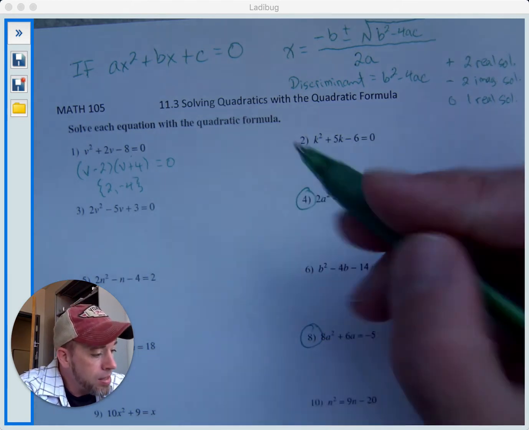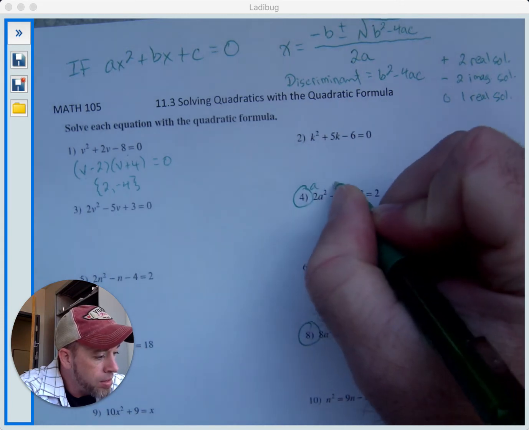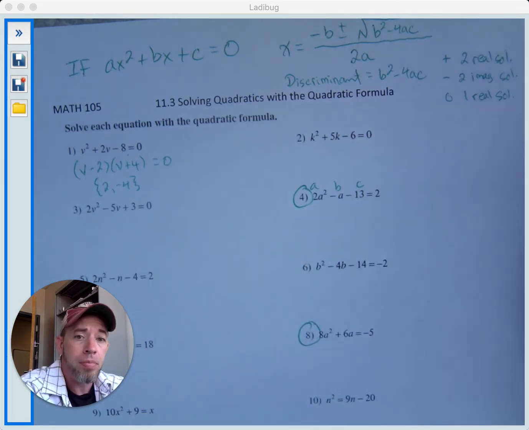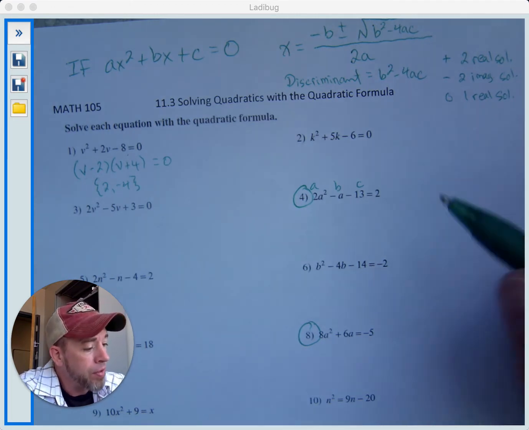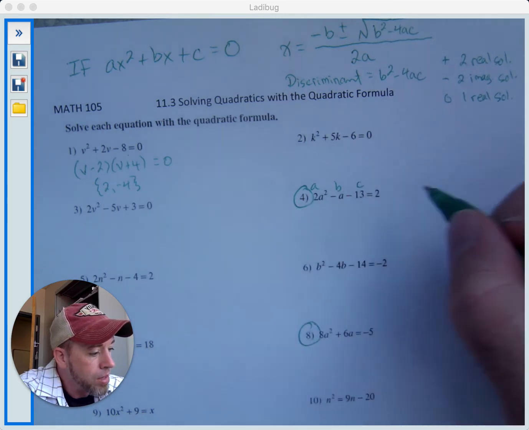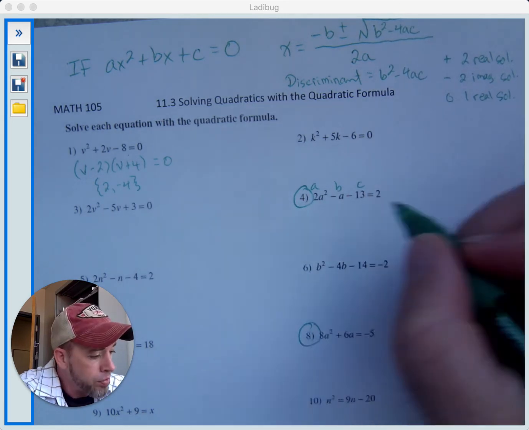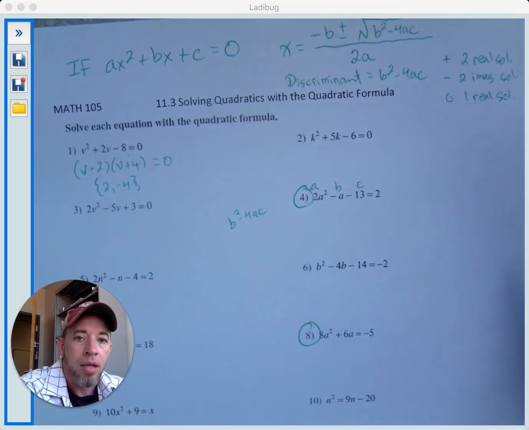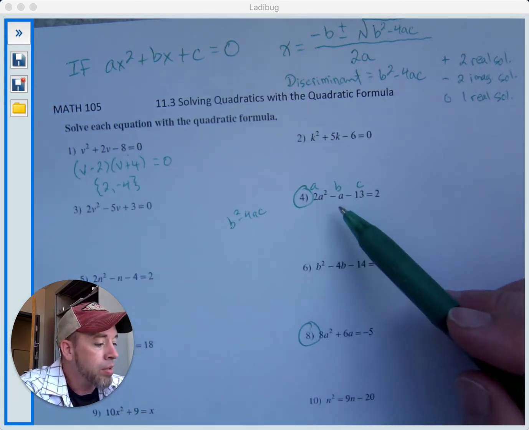So your a, b, and c: your a is the 2, your b is the negative 1, and your c is negative 13, right? So I like to find the discriminant first. I'm going to start with that. So I have enough room, I'll do that over here. So b squared minus 4ac. Well, what is that? b squared would be negative 1 squared.